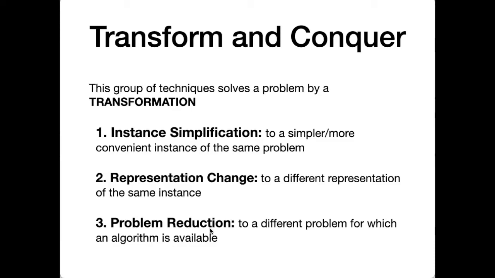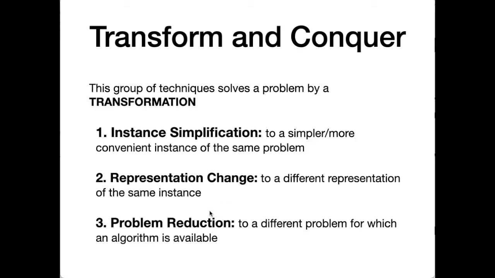Again, it's transform then conquer. For instance simplification, we transform the input instance, and then for the simpler version of the instance, we conquer the problem. For representation change, we transform how we represent the same instance using another data structure, and then we conquer the problem by using that different data structure to represent the input instance.